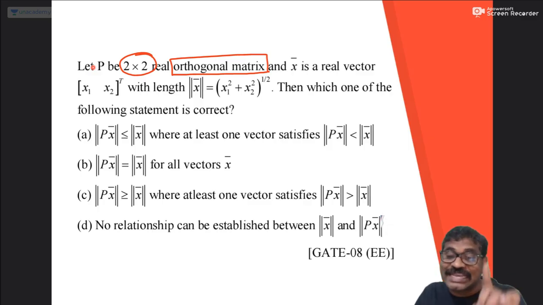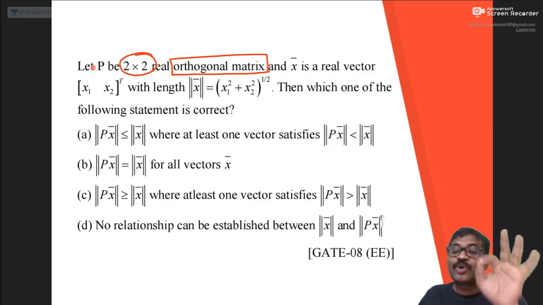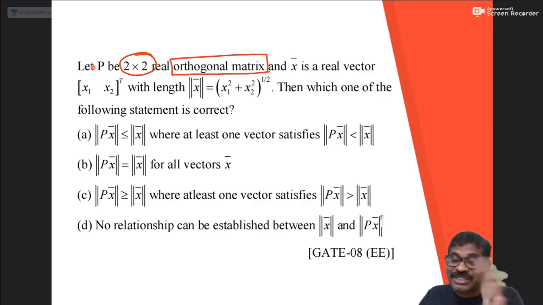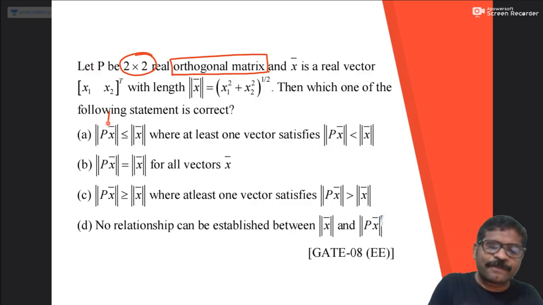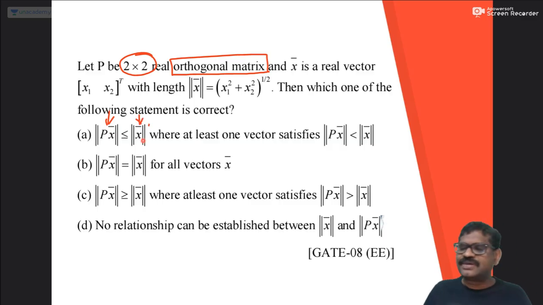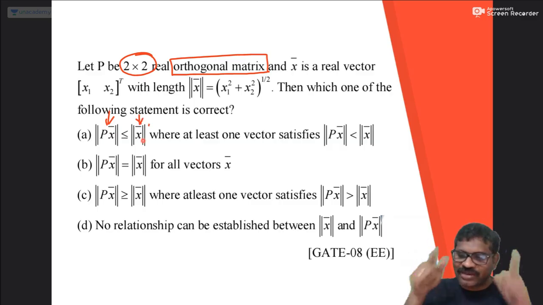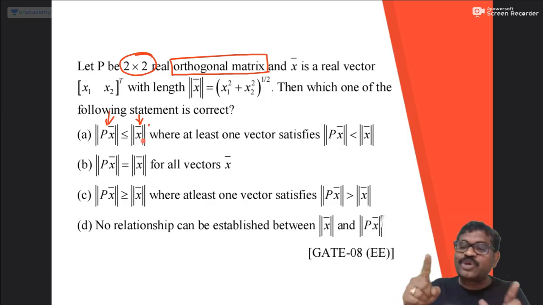Here the matrix is an orthogonal matrix, and an orthogonal matrix contains orthonormal vectors. That is the property of an orthogonal matrix. You have to take one orthogonal matrix and examine the condition given in the data. You have to check Px bar and x bar. Finally, your goal is to assume the relation between Px bar and x bar.